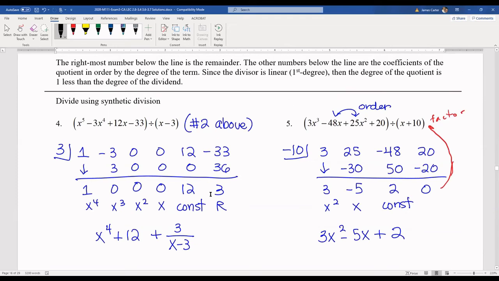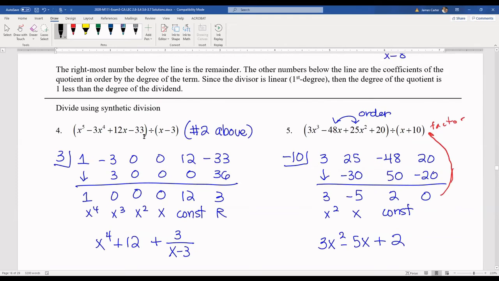Okay, another case. We have this one. We've got missing terms for x cubed and x squared. And then we're going to divide by x minus 3. So if the factor is x minus 3, the 0 or root is positive 3. Bring down, multiply, add.